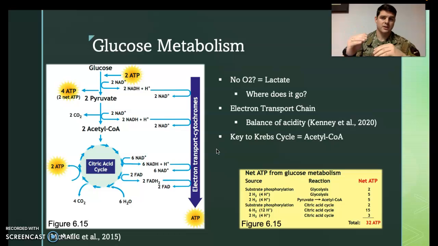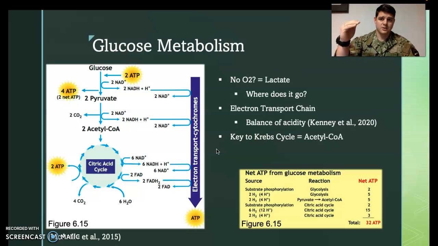And throughout this whole process, there are coenzymes NAD and FAD, down at the bottom once we get into the Krebs cycle, that are removing those hydrogens that are coming off during the metabolization of those molecules, and it's being pushed over to the electron transport chain.